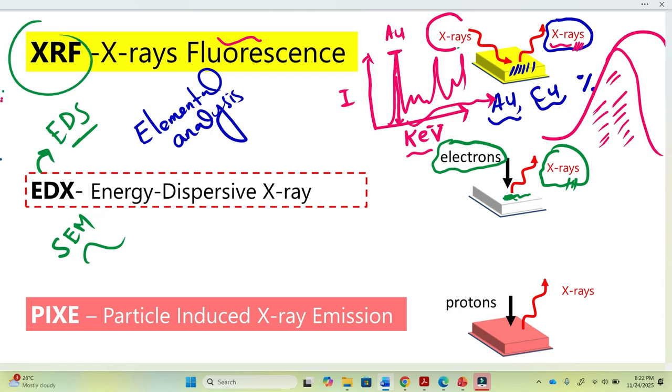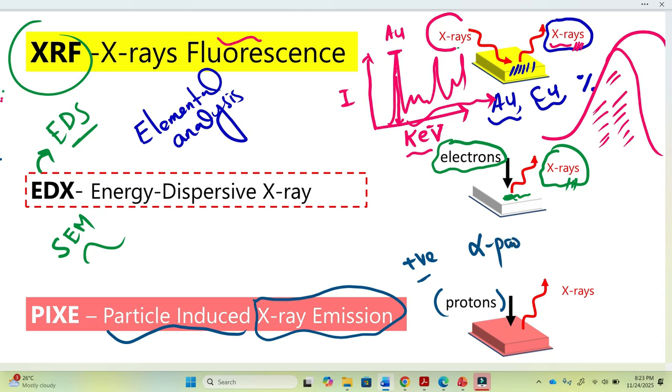Now let's discuss the third one, particle induced X-ray emission. Here again we get X-ray, and this X-ray we get because of some particle bombardment. So here basically we bombard protons. Protons are basically positive charges. So here we use positive charge particles. We can also use alpha particles because alpha particles are positive charge particles.